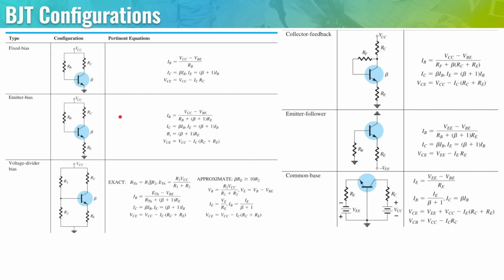For the emitter bias, it's just the fixed bias with a resistor at the emitter. For voltage divider bias, it's just the emitter bias, except we have an additional branch here. So RB is R1 now, and the second resistor along the base is now R2.